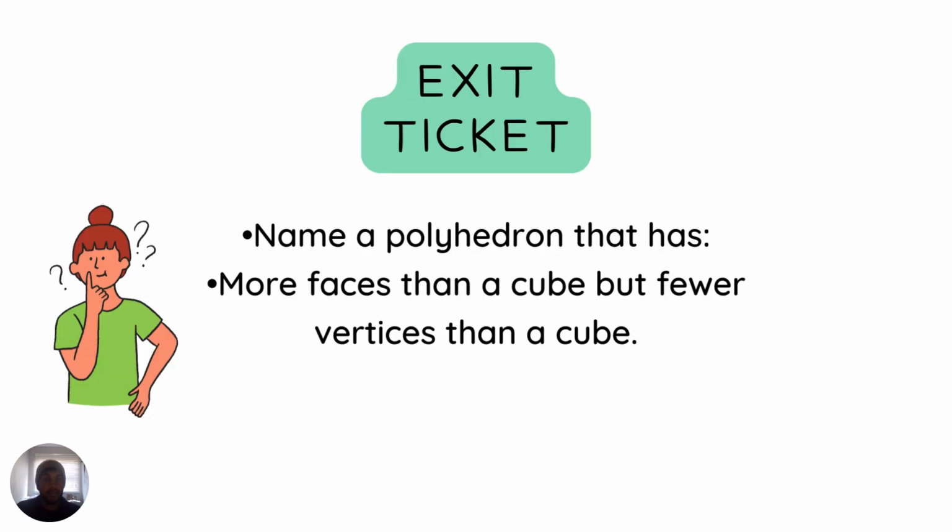Okay, so now the lesson is coming to an end, and I would like to propose an exit ticket. Can you name a polyhedron that has more faces than a cube, but fewer vertices than a cube?